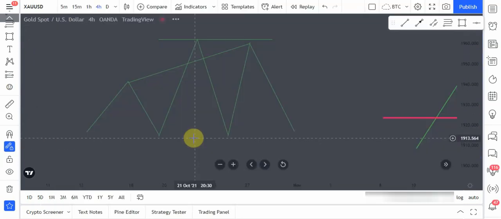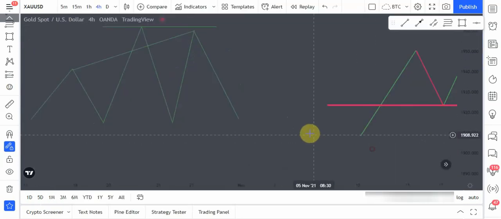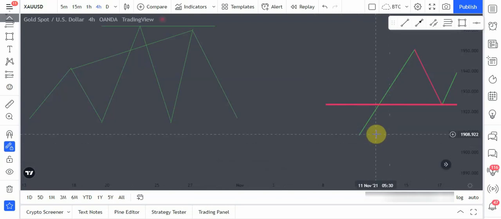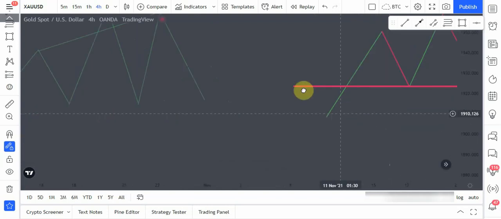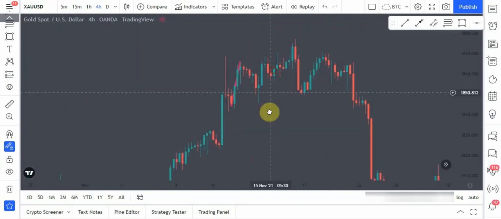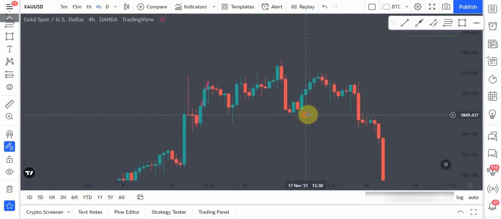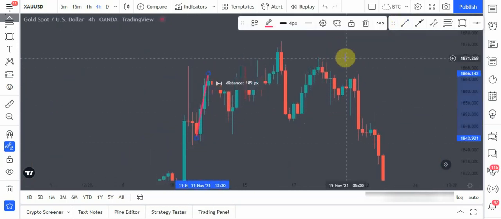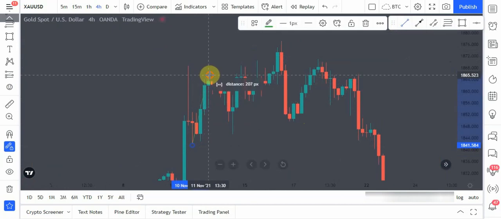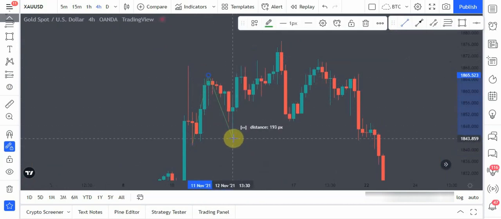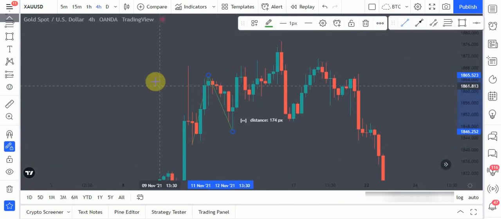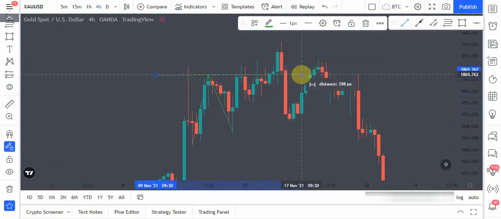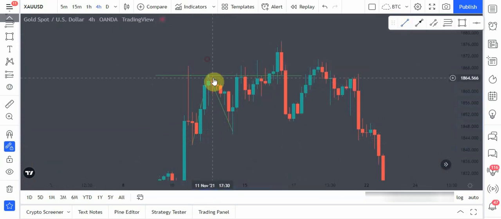Right now, let's dive into some real examples on the gold chart at the 4 hour time frame. The first example. This is our left shoulder. Well, the necessary condition for the head to be shaped is that the price, after pulling down and making this shoulder, is able to go up again and break out this peak.